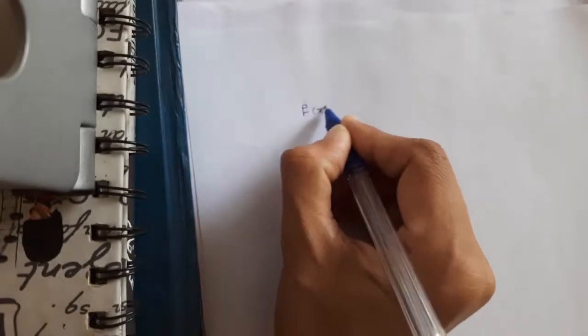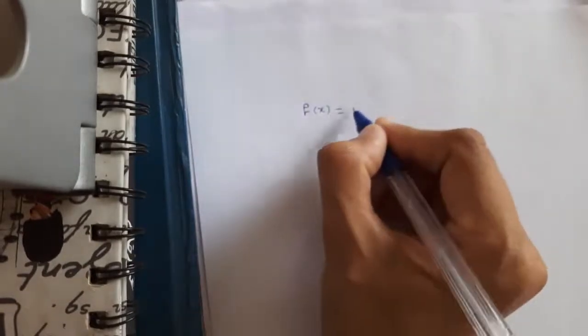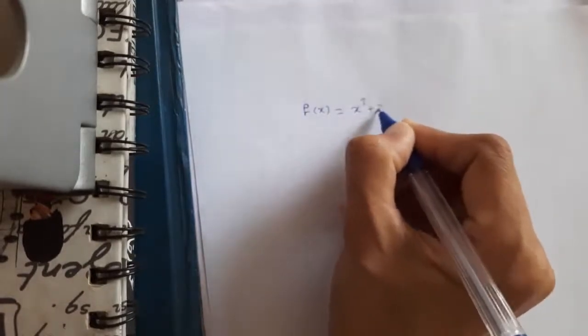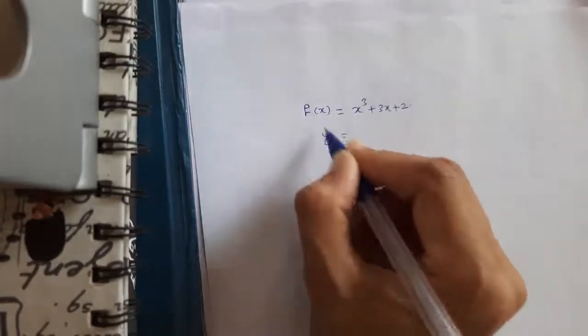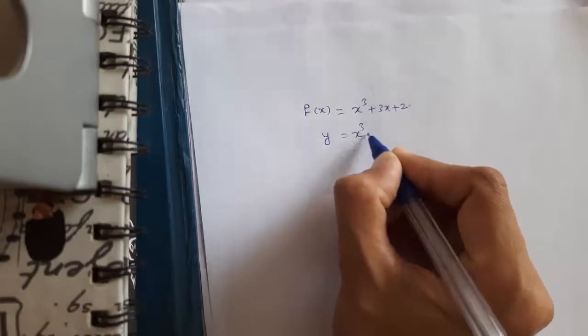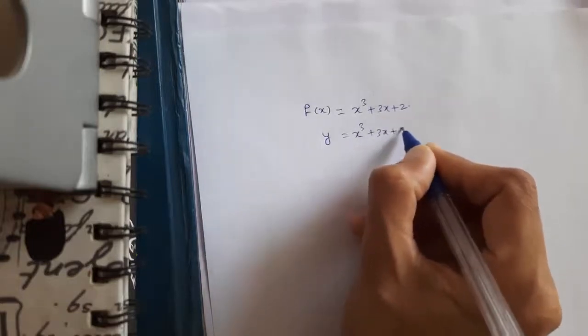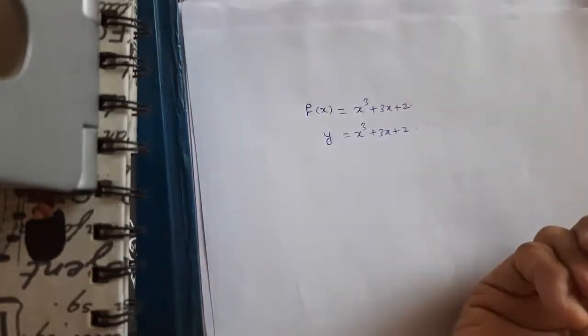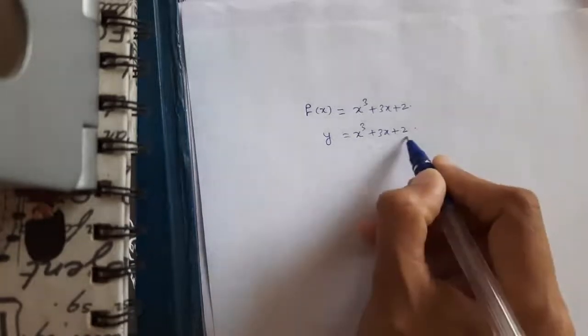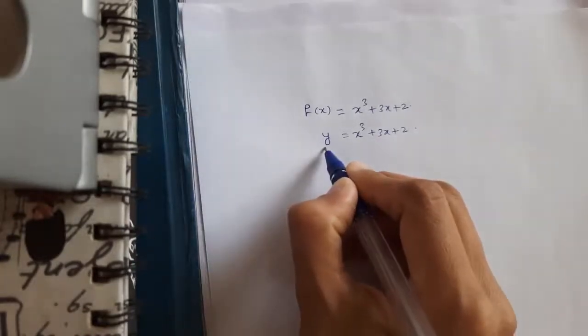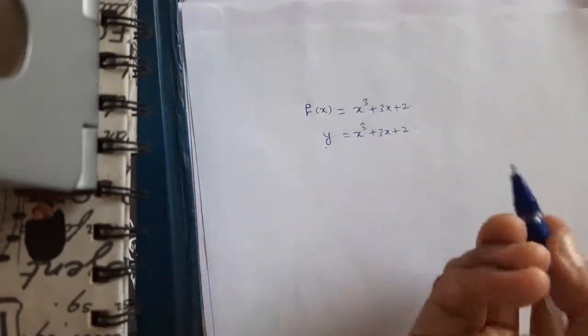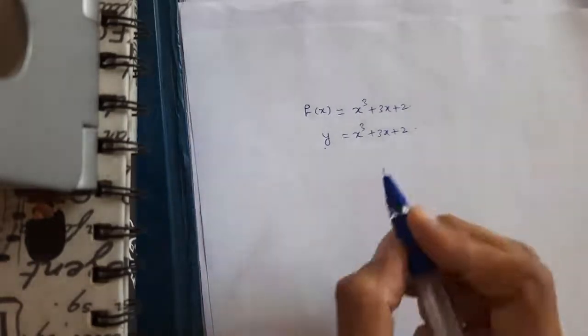So for example, f of x equal to x cube plus 3x plus 2, or we can write the same function as y equal to x cube plus 3x plus 2. Okay, now x is your input and y is your output. So you get different values for different values of x.